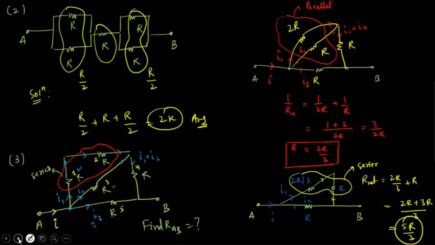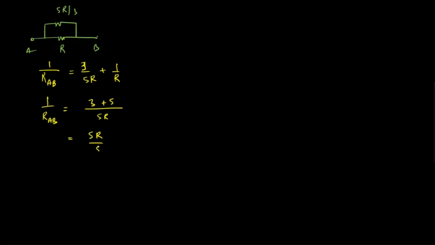This resistor, now connected here, is going to be 5R by 3, and this is R. Once again, we have to solve the parallel combination to get 1 over RAB, which is 1 upon 5R upon 3 plus 1 upon R. Once we solve this, the answer is going to be 5R by 8, the value of RAB.